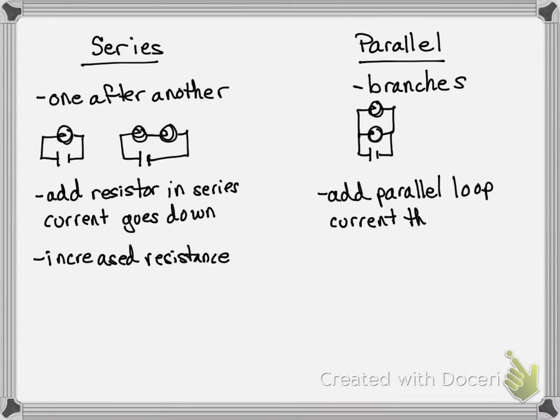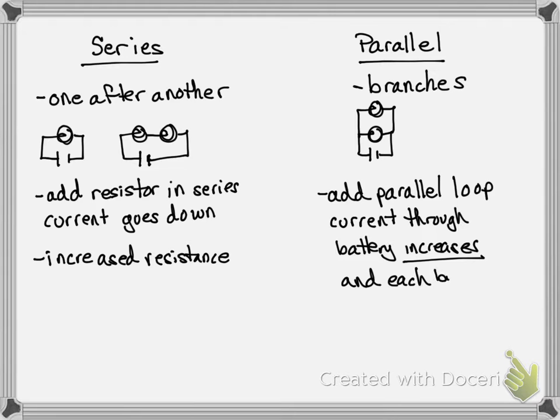So when you add a parallel loop, what we see is that the battery is actually having more current flow through it than it does when only one light bulb is there. And the reason that happens is because each light bulb stays equally bright.